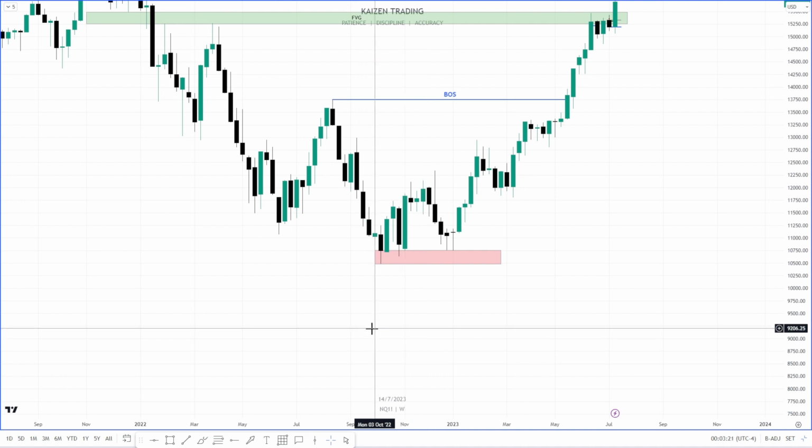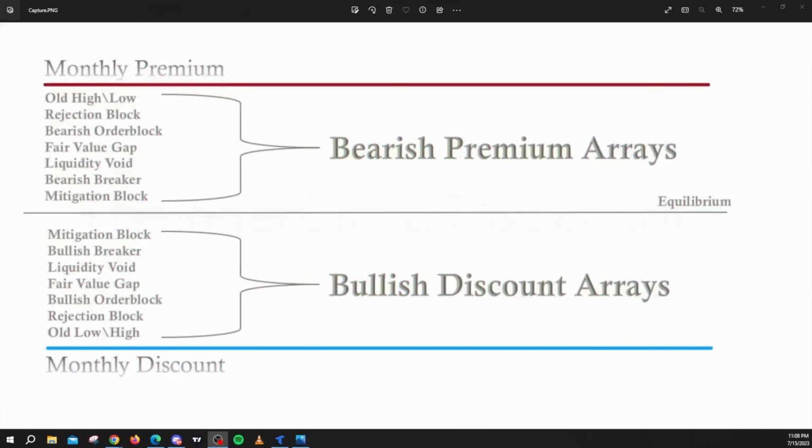And what that is, I will show you. Hold on. So here is the premium and discount array matrix. And what we have is the order in which we can find these. When we took a look at the monthly chart, we were in monthly discount. It was below equilibrium.